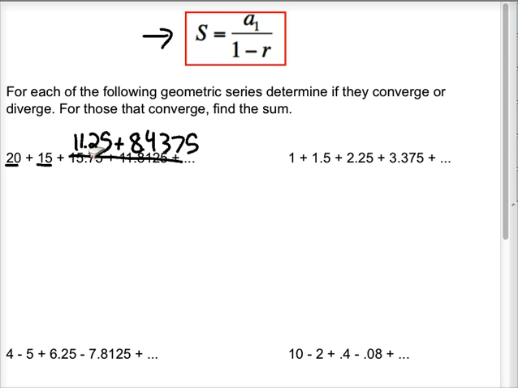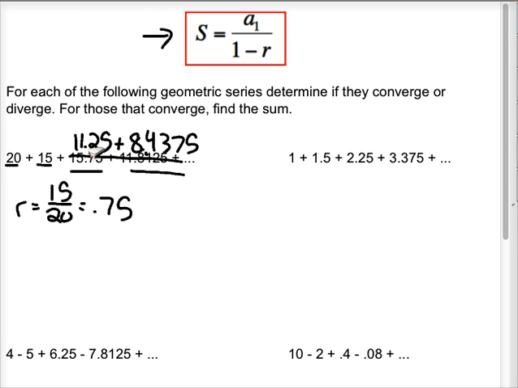So if you could change those for me, please, you'll be able to see that the terms are in fact getting smaller. They're converging. The reason they're converging is because my R value, if you take 15 divided by 20, my R is 0.75. My R is a fraction, therefore it is going to be a convergent series.